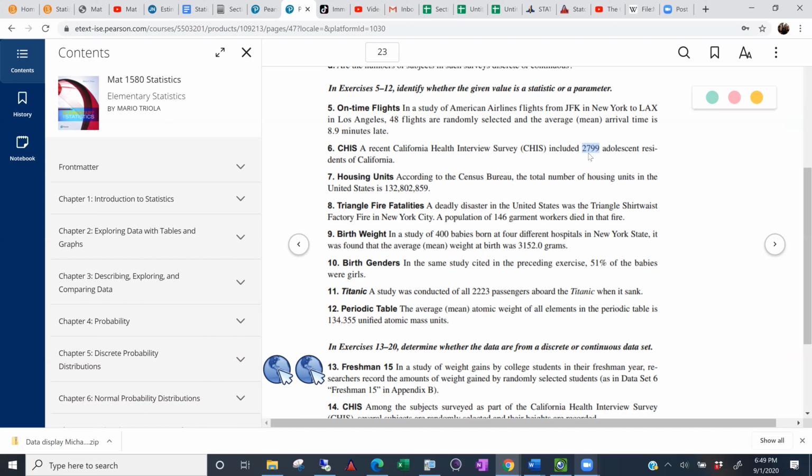Does that sound like you got data from everybody who's an adolescent in California? No. That would be less than a census, even if you're just talking Los Angeles, let alone all of California. So yeah, that's clearly going to be a sample from which you're going to calculate a statistic. So for problem number 6, that's going to be a statistic.